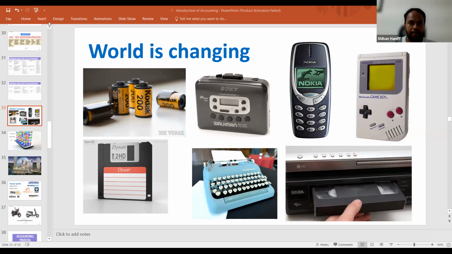What was their mistake? What is the wrong decision that they made? They didn't adapt to the technology. Yes, they didn't accept the Android technology. They didn't do market research.